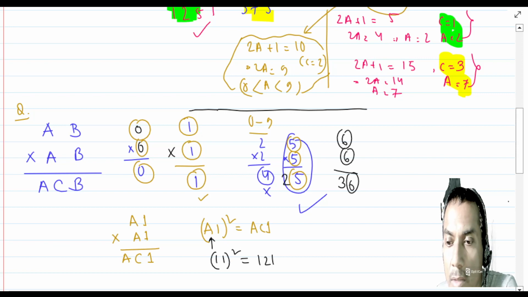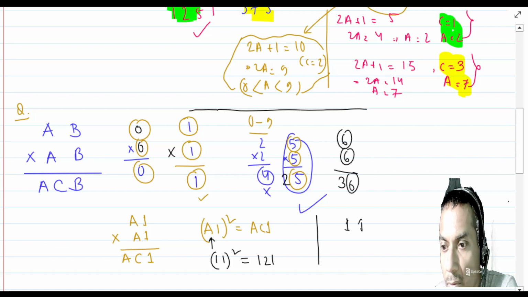So it is possible. Why is it possible? Because if I write the answer like this, after replacing the values of a and b, a gets 1 here, and in the first step we get b1, another a1 b1, we get 121. So here c1, and here a and b, correct?